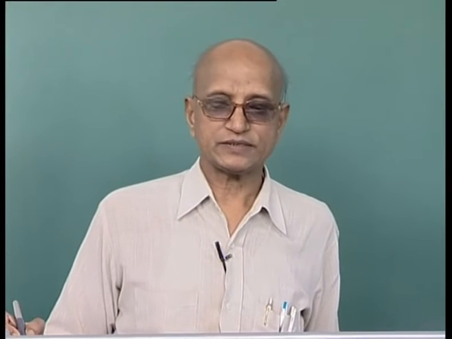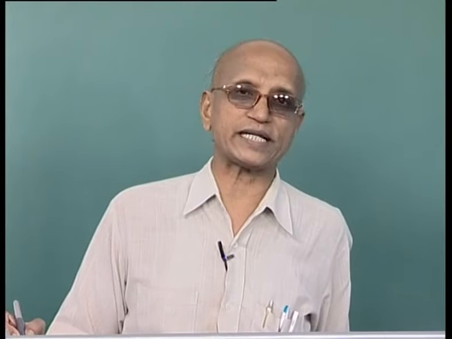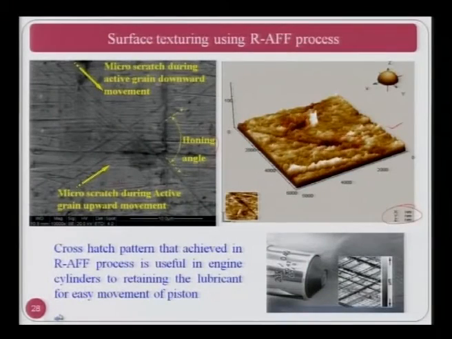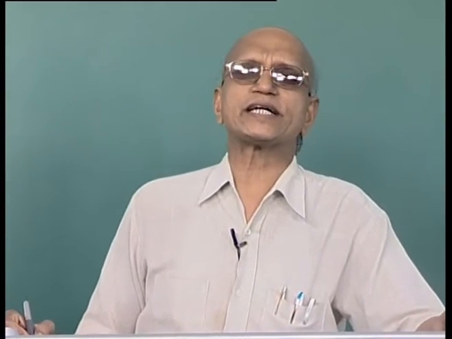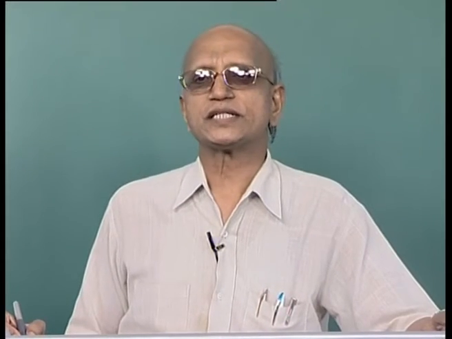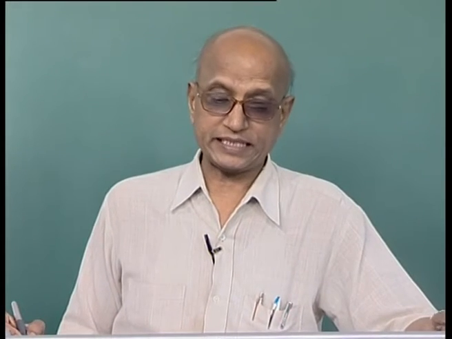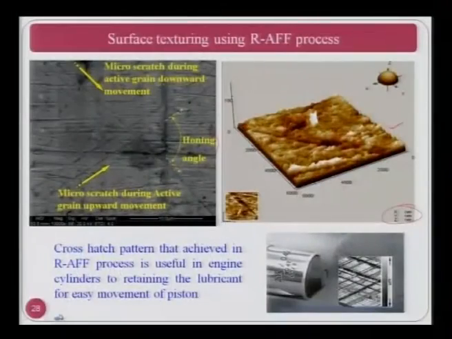In those cases, if piston and cylinder are finished by the RAFF process, because the RAFF process can be used for finishing internal as well as external surfaces, then they will be able to retain the lubricant, and that lubricant will reduce the friction during the operation, and that is a good feature of any finished piston and cylinder.